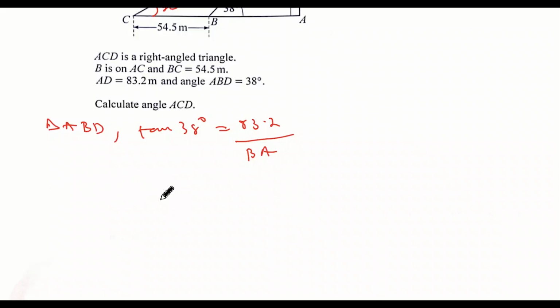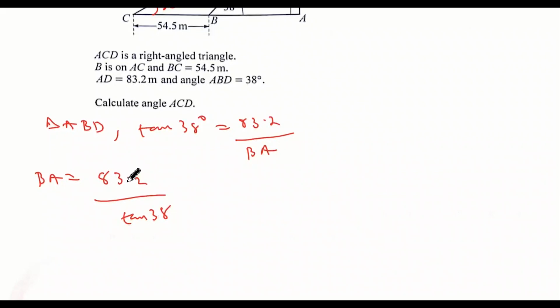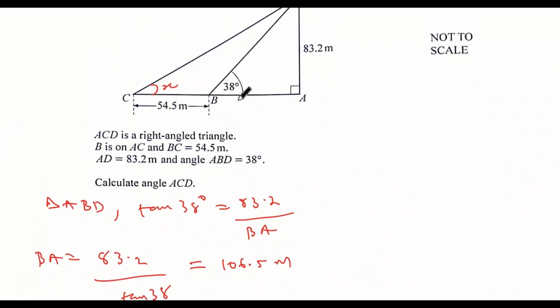We'll get BA equal to 83.2 divided by tan 38. If you input this into your calculator, you get the value of BA to be 106.5 meters.